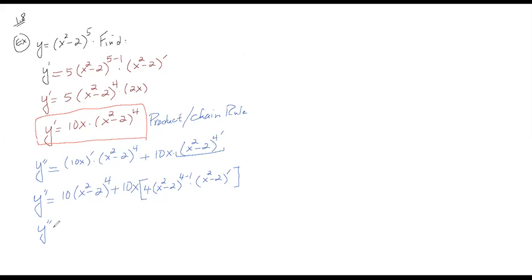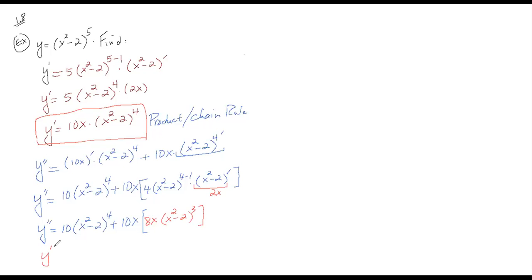So y double prime is 10 x squared minus 2 to the 4th plus 10x. Now look inside. Yes, you are getting the 2x from that. And then you're going to multiply by that 4, so that's an 8x with the x squared minus 2 to the 3rd.